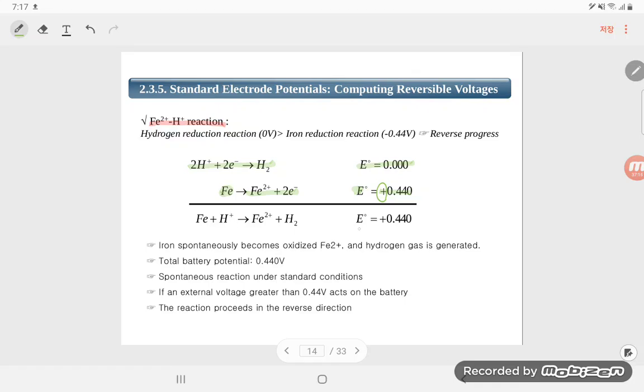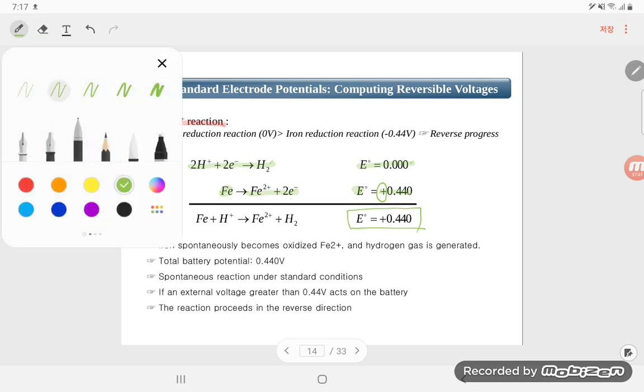And if we sum up this one, we can get plus 0.44 volt for this reaction. So in here, iron spontaneously becomes oxidized iron ion, and hydrogen gas is generated through this process. This is not a battery.